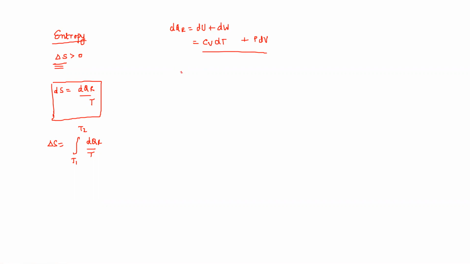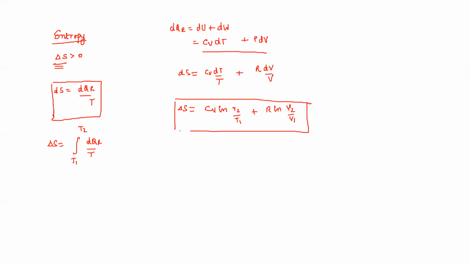So we get dS is equal to Cv dT by T plus P by T dV, that is R dV by V. So when we find delta S, we get Cv ln T2 by T1 plus R ln V2 by V1. This is the first very important equation that we got.